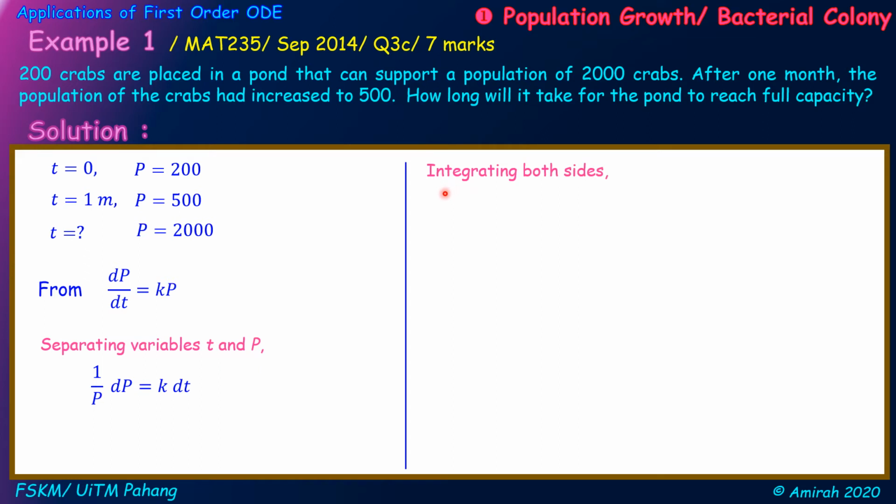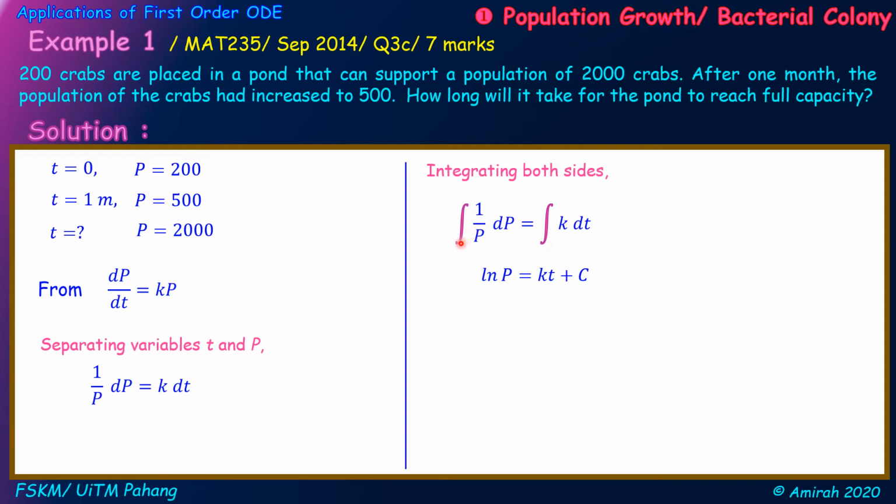After that, integrating both sides, we put the integration sign on both sides. So we write integration of 1 over p dp equals integration of k dt. Then we integrate the left hand side and right hand side.